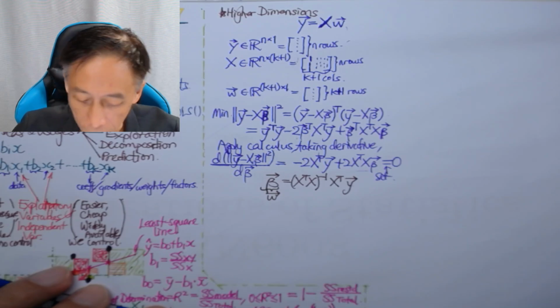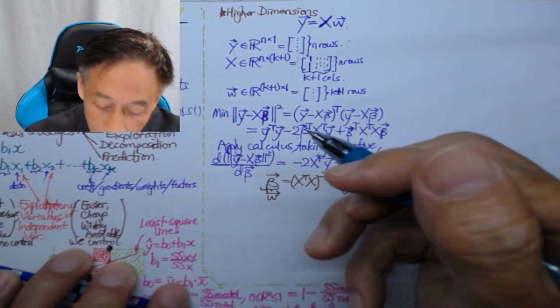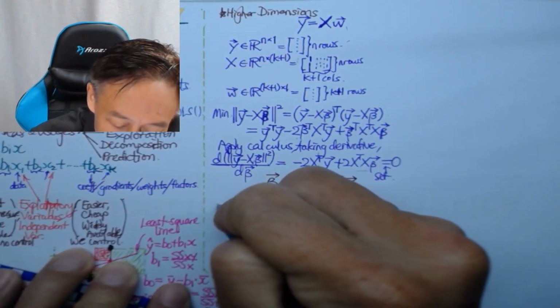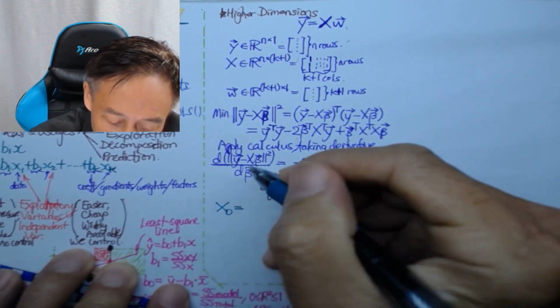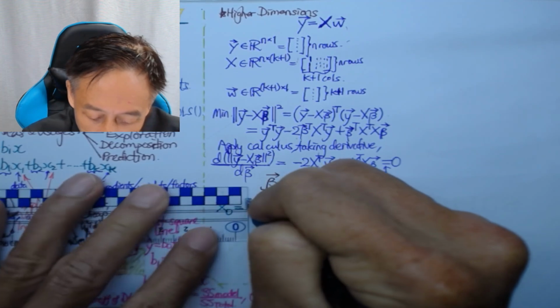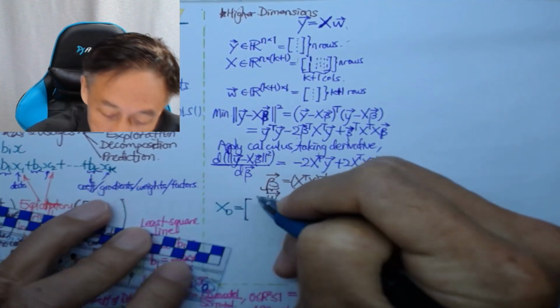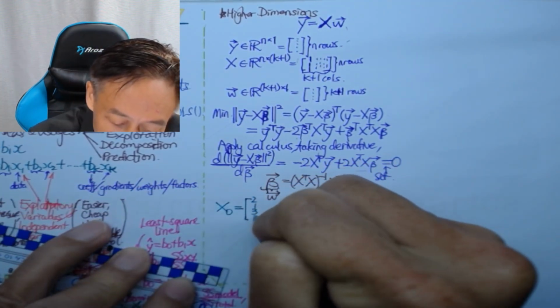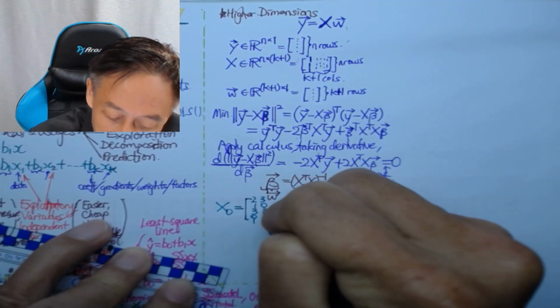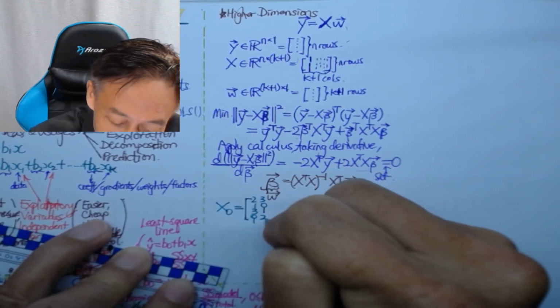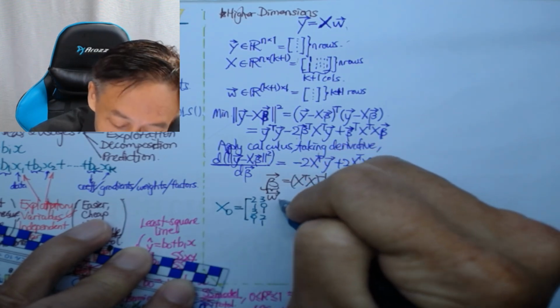So one example: suppose our raw X, let's call it X0, is given by some numbers: 2, 1, 3, 0, 1; 3, 0, 1, 2, 1; 1, 4, 2, 3, 1.